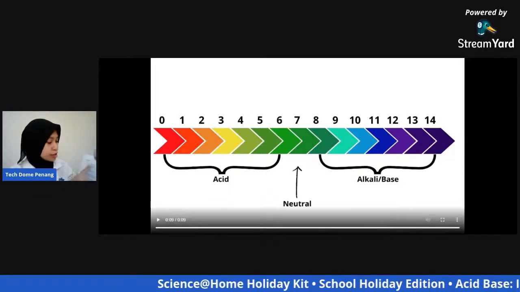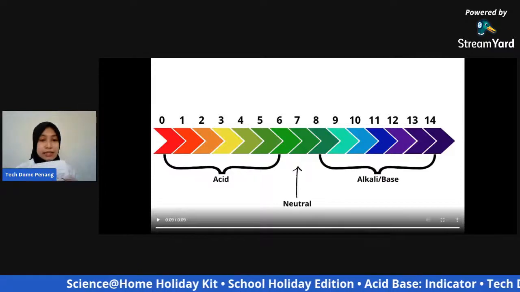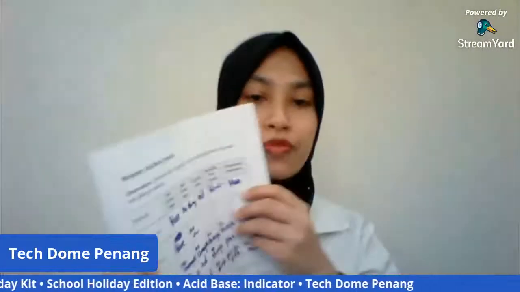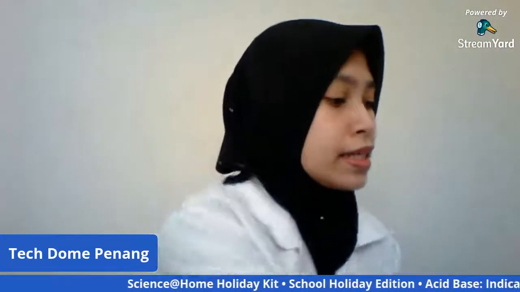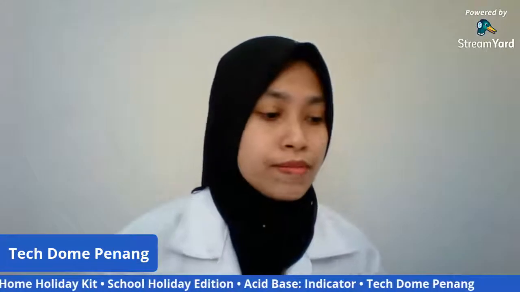For the conclusion at the back here, this is just a summary of what we have done. From what you have filled in your table, you can conclude here. Blue litmus paper will turn red when it is mixed with acidic solution.